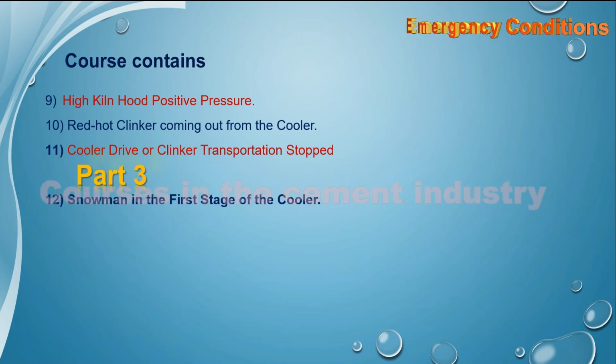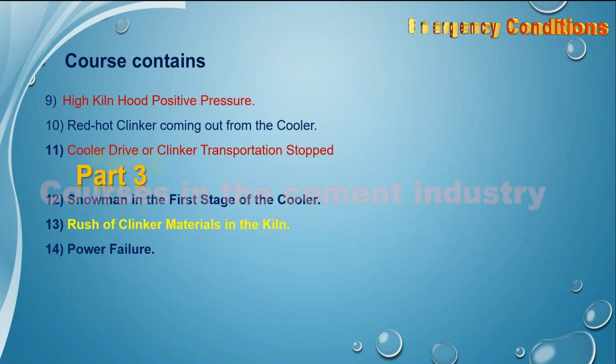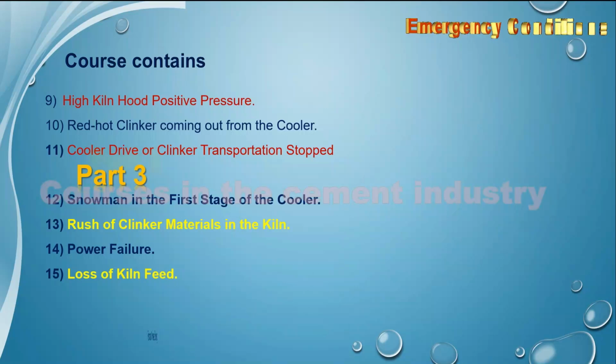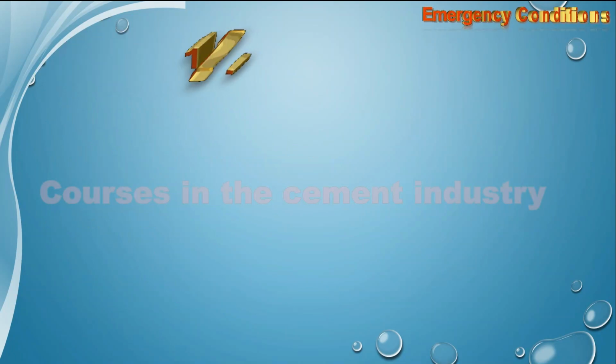Snowman in the first stage of the cooler. 13. Rush of clinker materials in the kiln. 14. Power failure. 15. Loss of kiln feed. 16. Preheater cyclones blocking.